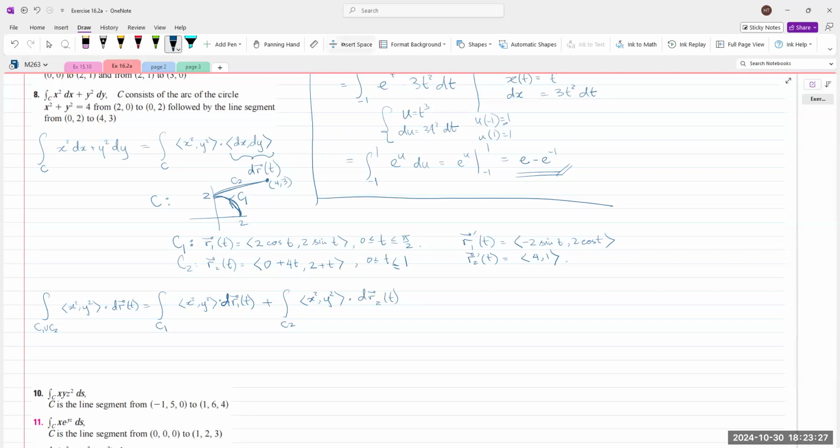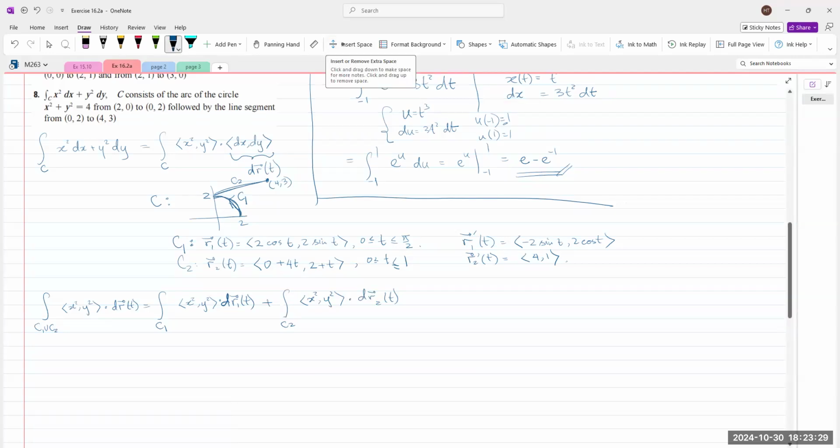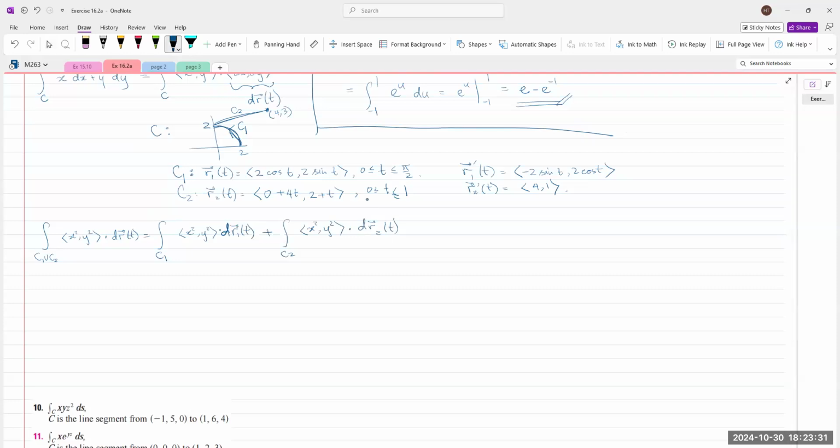Okay, let me go on further. In C1, it is parameterized by t from 0 to pi over 2. The x squared is 4 cosine squared t. The y squared is 4 sine squared t, dot (negative 2 sine t, 2 cosine t) dt. That's for the first curve.